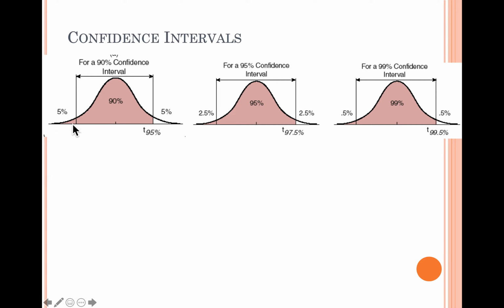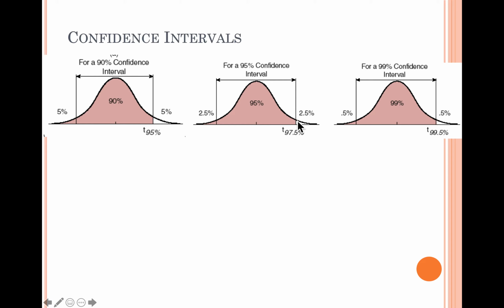When we build a 90% confidence interval, we're going to notice that the middle 90% of the curve is cut off. And this t 95% here represents a t-score on the upper right of that cutoff portion. Now, why do you think it says 95% as its subscript? Well, let's look a little further. This one in the center is a 95% confidence interval, and it says t subscript 97.5.